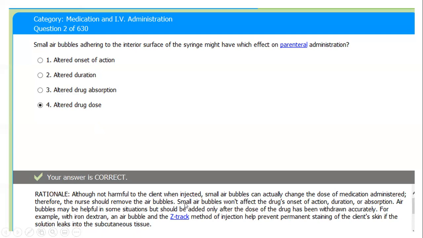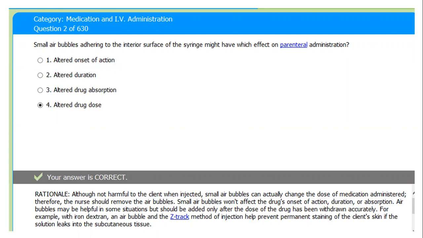A small air bubble would not affect the drug's onset of action, would not affect the duration, or the absorption. Air bubbles may be helpful in some situations, but should be added only after the dose of the drug has been withdrawn accurately. For example, with iron dextran. Iron dextran is the injectable form of iron.